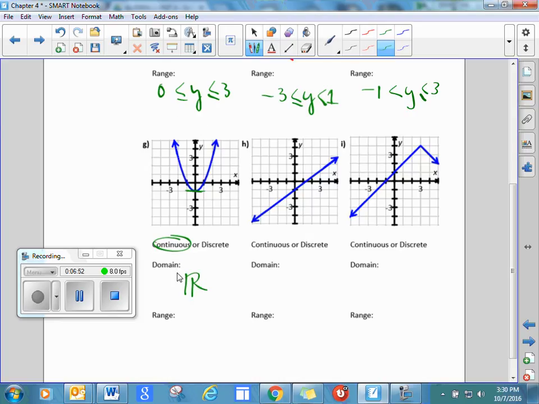So we would say that the range of y is greater than or equal to, because this -1 right here is on our graph, the range is greater than or equal to -1.